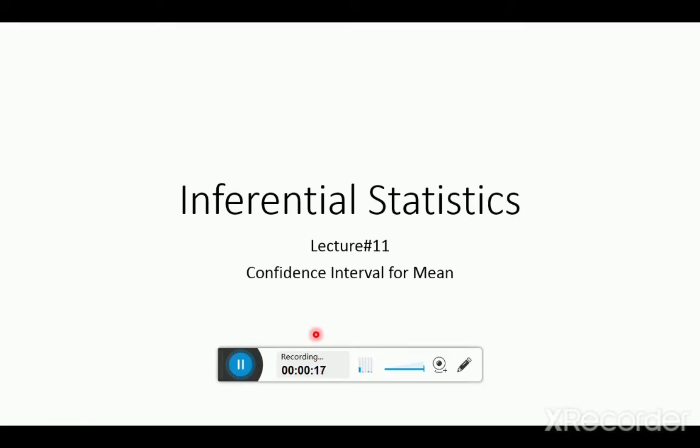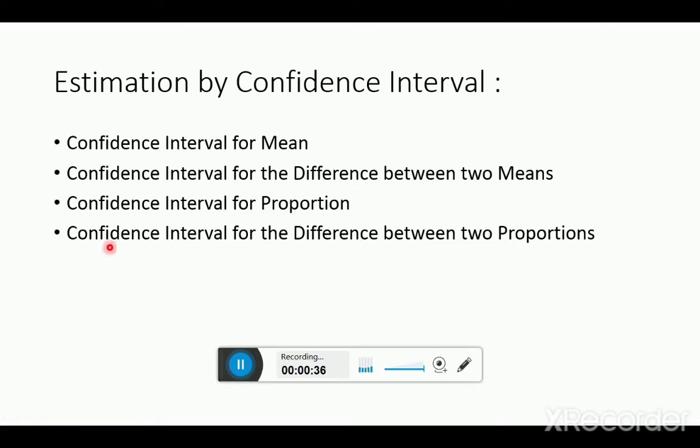Today we are going to discuss the 11th lecture of inferential statistics, and this lecture is totally about estimation by confidence interval for mean. Dear students, if you remember, in the last lecture, lecture number 10, I already explained what is estimation, what is estimate, and what is estimator. And then we explained what is confidence interval.